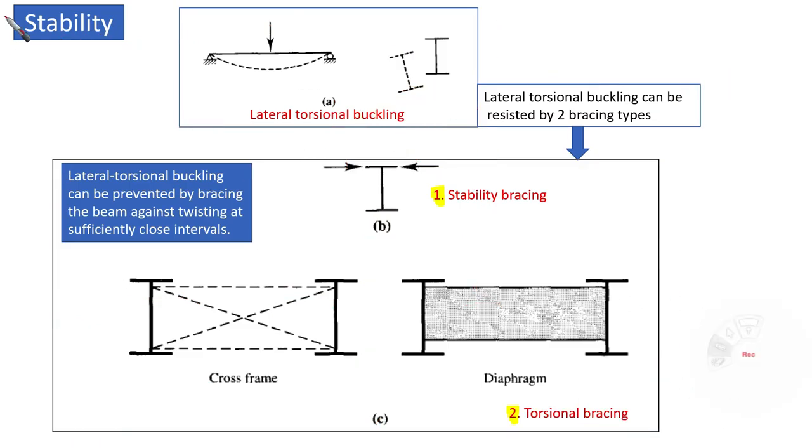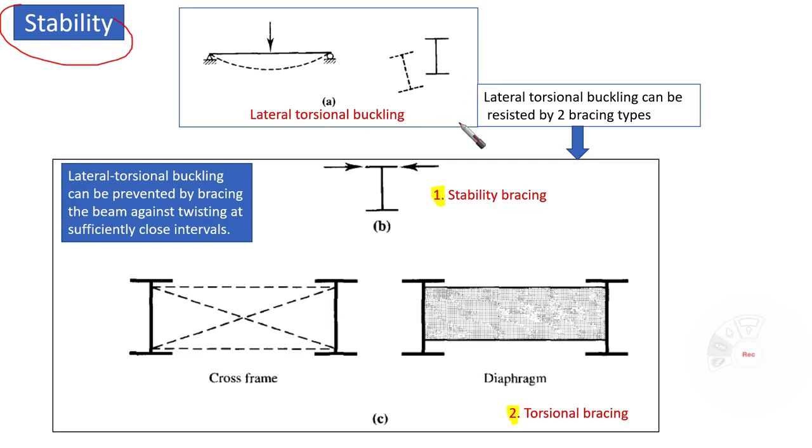Okay, so if we have this idea now of the instability as we have discussed in the previous slide, this means that we need to stabilize this lateral torsional buckling phenomenon. So we need to discuss the stability of lateral torsional buckling.